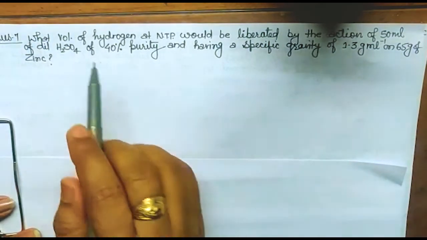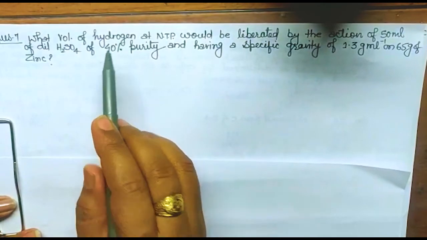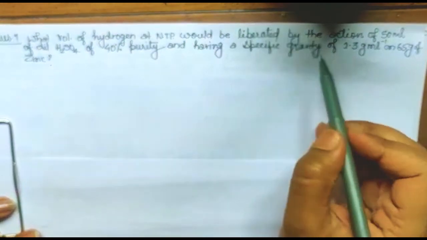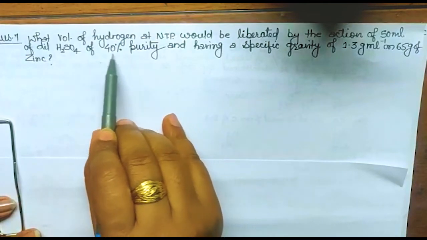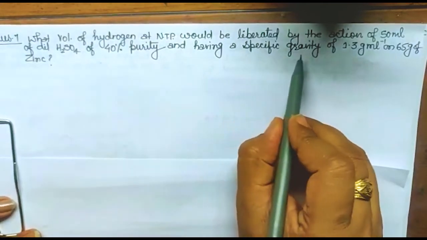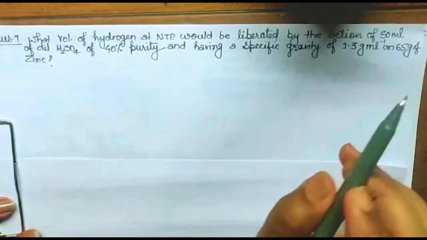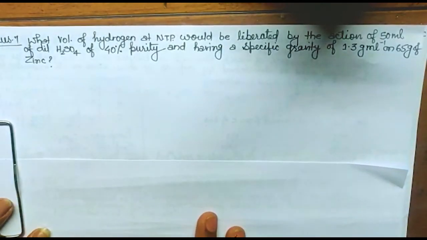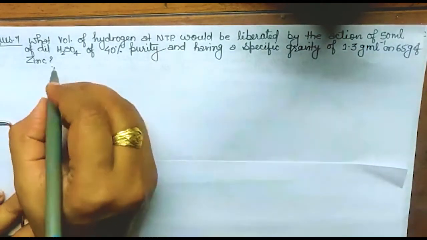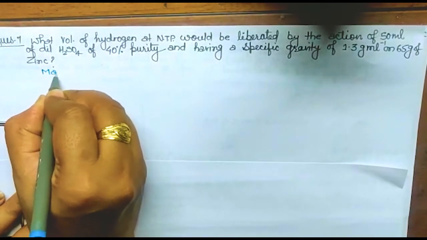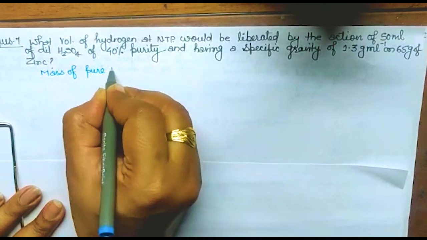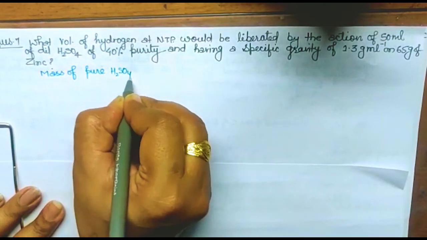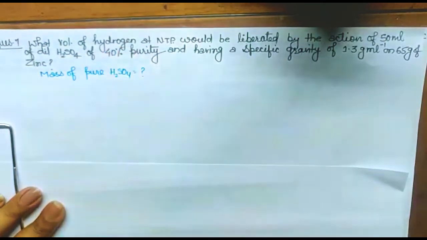You have to find the volume of hydrogen that is liberated by the reaction of zinc and H2SO4. H2SO4 has 40% purity and its specific gravity is this much, on 65 gram of zinc. So let's start this. First we have to find the mass of pure H2SO4.